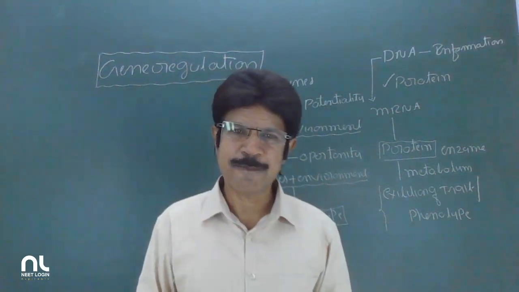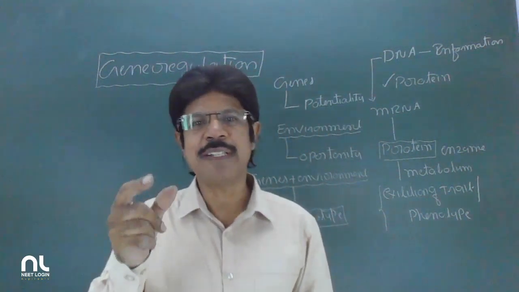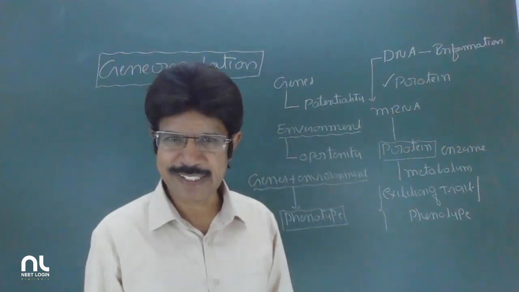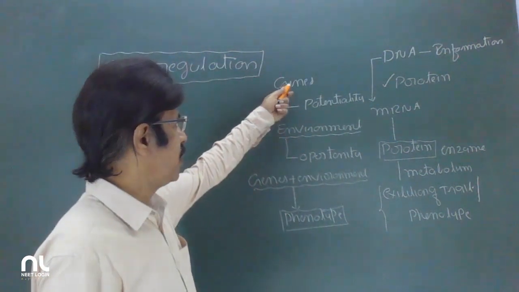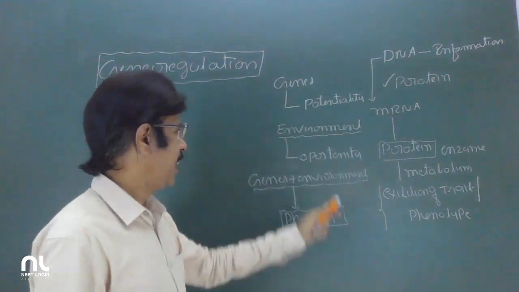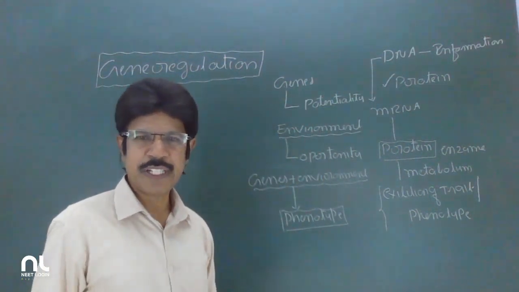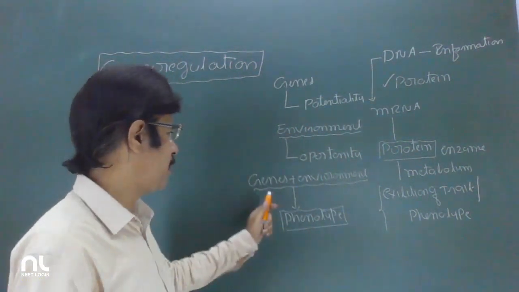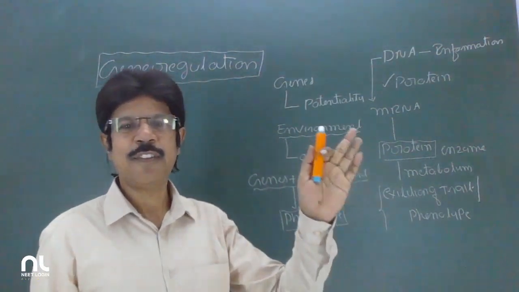Not only the genes, the environment also should be congenial for expression of the character. So genes provide potentiality, environment provides opportunity, ultimately responsible for exhibition of character, that is phenotype.